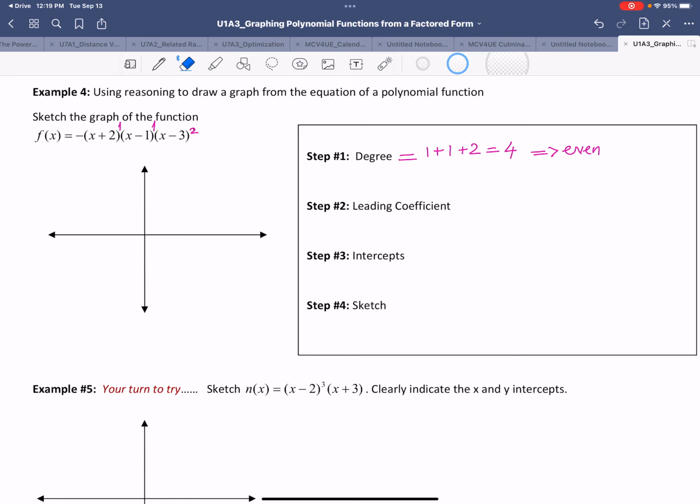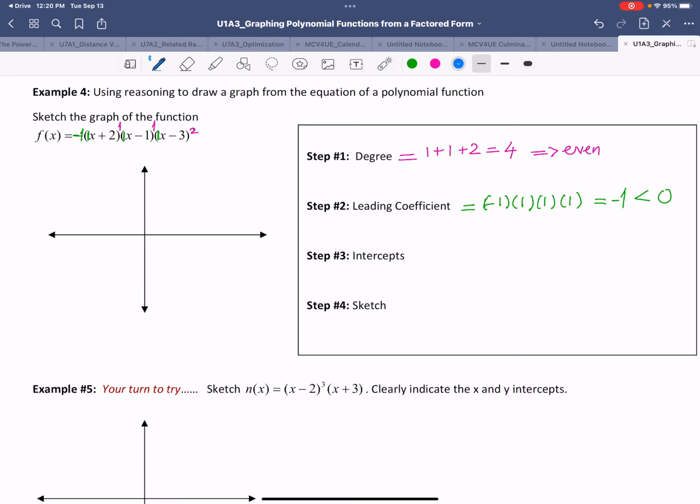Remember, we are starting off here with x times 1, x times 1, x times 1, and we also have a negative 1 as a coefficient at the very beginning of this function, which means that the leading coefficient of this polynomial function will be negative 1 times 1 times 1 times 1, which equals negative 1. So what we need to keep in mind is that the leading coefficient is negative.